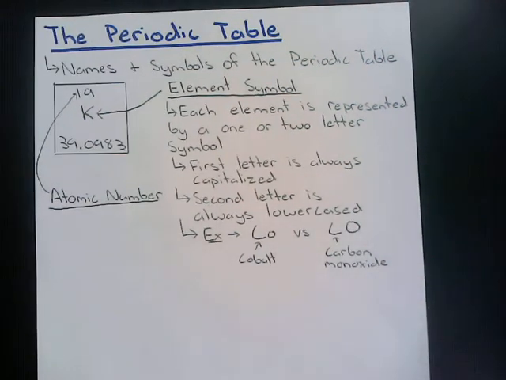The atomic number is represented at the top. It is a whole number, and very important here is this: the atomic number represents the number of protons in each and every element.